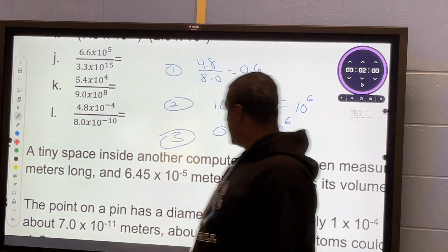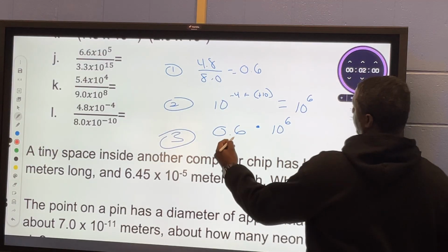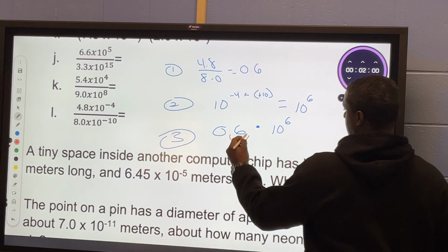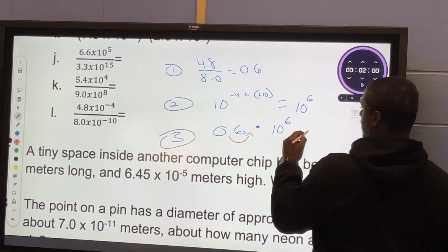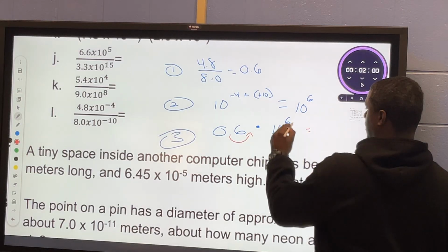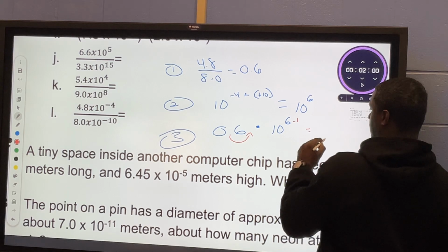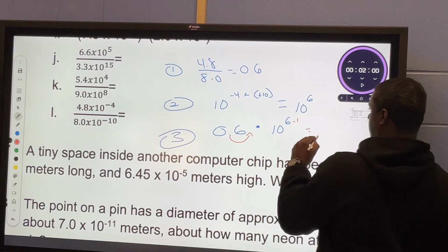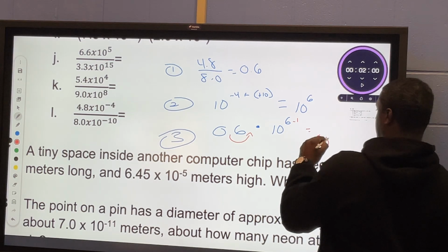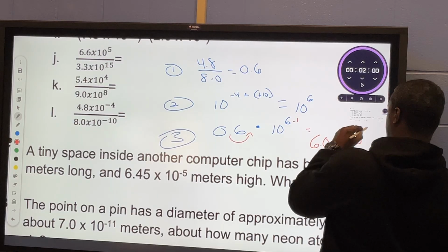Nope, why not? The coefficient is less than 1. How do I fix it? Move it to the right and subtract 1. And you get 6 times 10 to the 5th power.